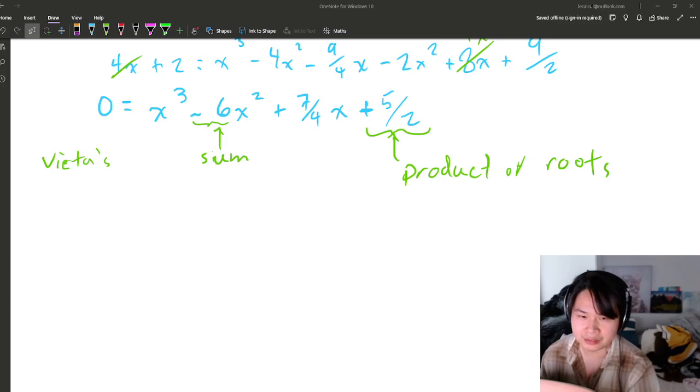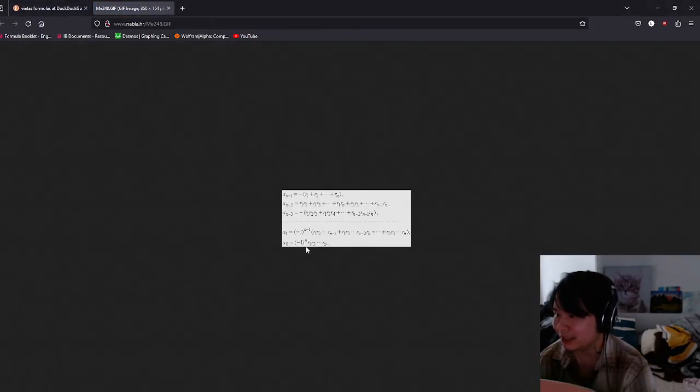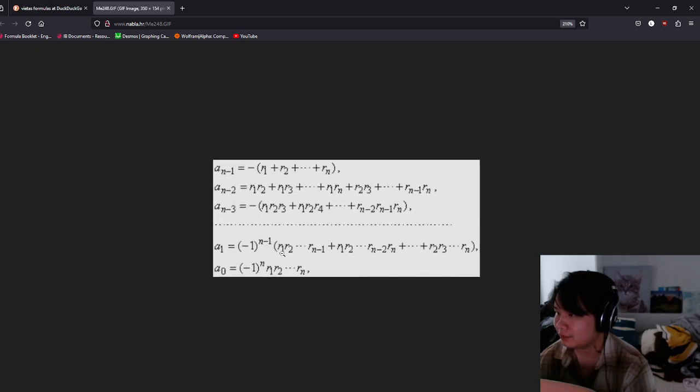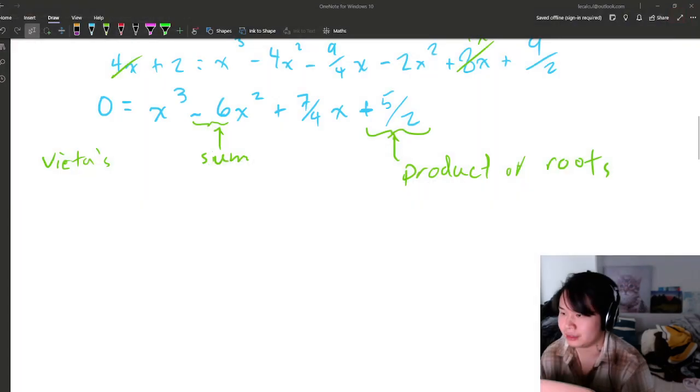Okay, don't just Google Vieta's formulas because then you would get, oh shoot, this is transparent. Okay, so as you can see here, the constant term a0 is -1 to the power of n times the product of the roots or solutions to our equation.